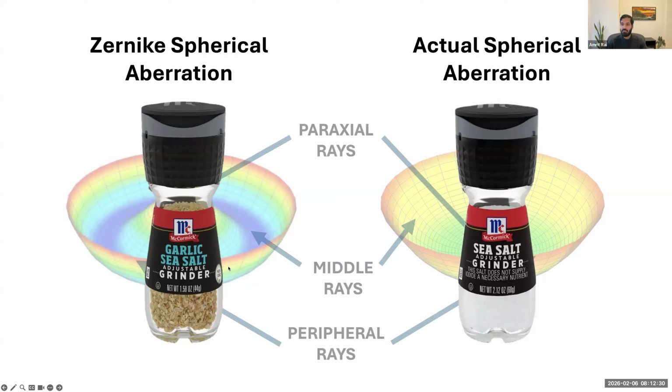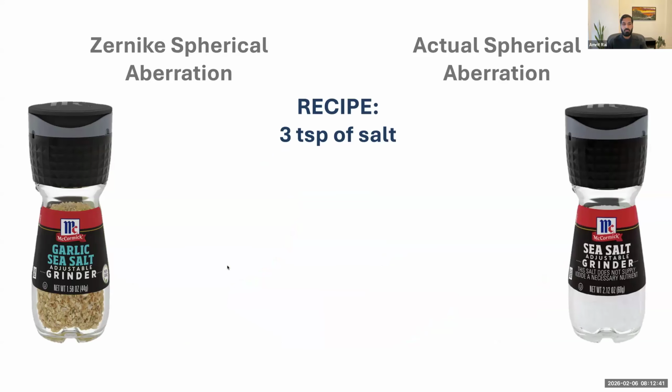If we go back to our food analogy, it is like walking into a kitchen to prepare a meal. One of the kitchens has pure sea salt, and the other kitchen only has garlic salt. Now, the recipe that you want to prepare calls for 3 teaspoons of salt. If you're using the pure salt, it's very easy. Just add 3 teaspoons.